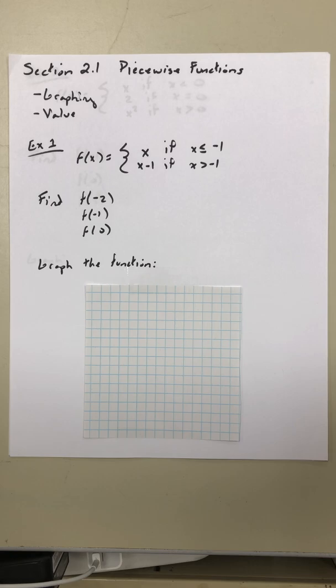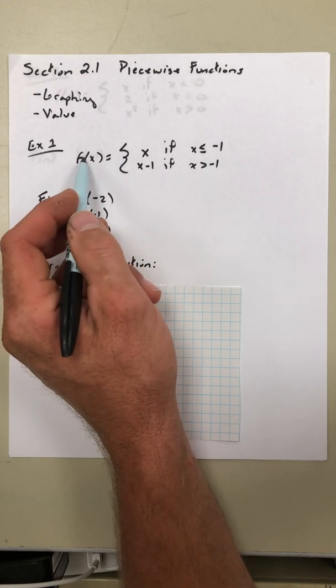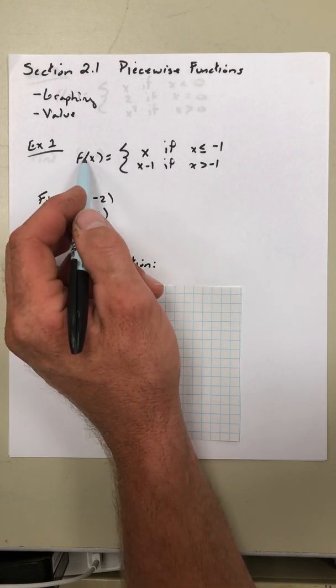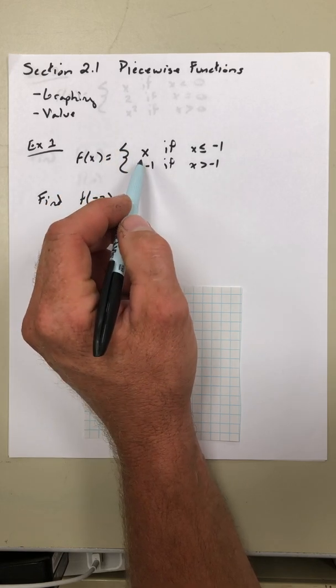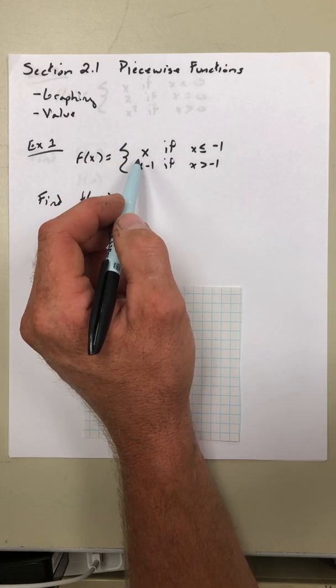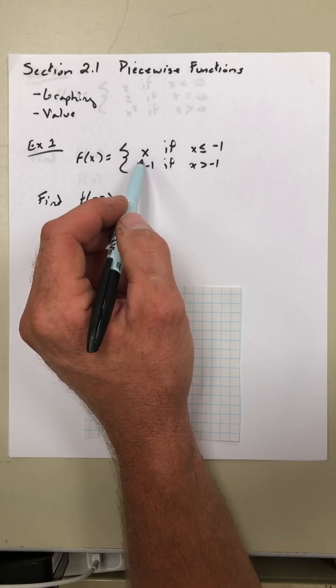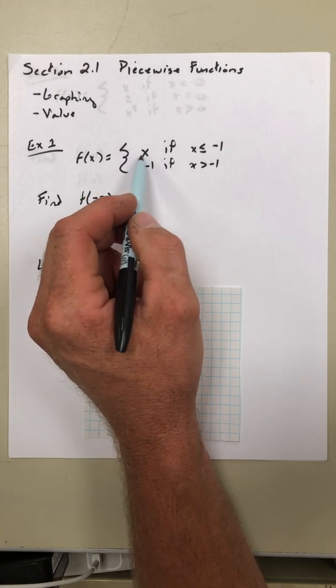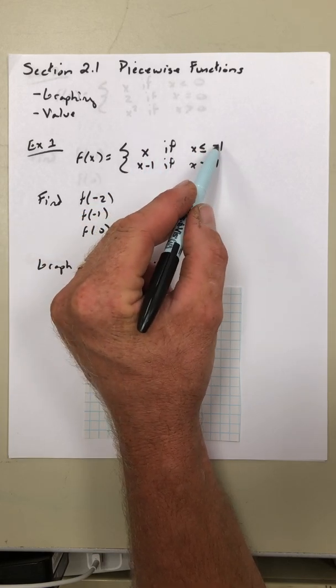So what is a piecewise function? To start with, I guess, should be the first thing we talk about. A piecewise function is a function, so we're going to note it as f of x. It's going to pass the vertical line test for us, and it's going to be made up of a couple of pieces. It could be an infinite number of pieces, really, but normally 2 to 3 pieces is all we're going to work with in here. So we have this top part, x, if x is less than or equal to -1.